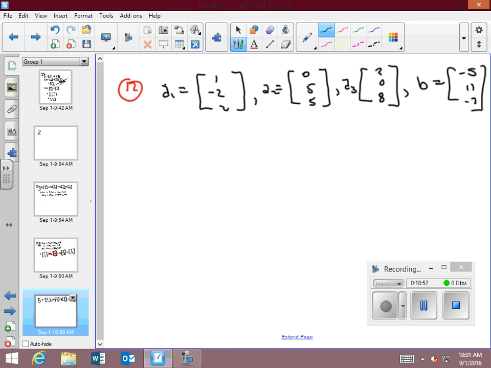So my augmented matrix should be 1, that's 2, and then it's 0, 5, and 5, that's 2, 0, 8, and then augment it.